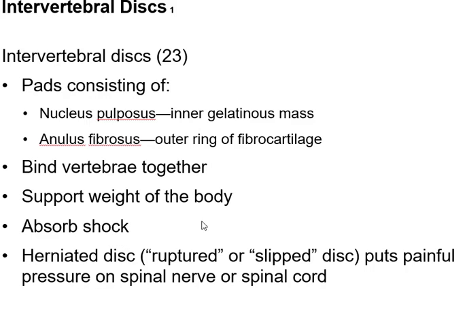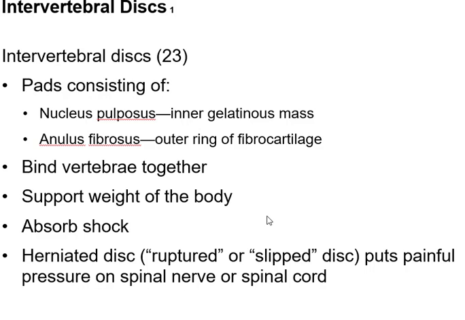They're shock absorbers. But unfortunately, when you have something that's gelatinous, if you put too much pressure on the body of the vertebra, it can squeeze the disc out. It can actually rupture or herniate the disc.